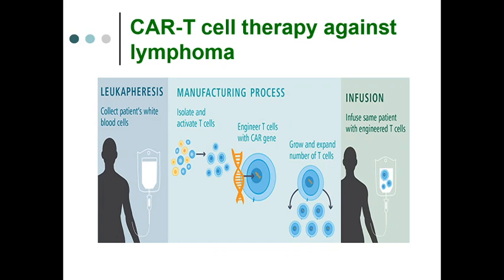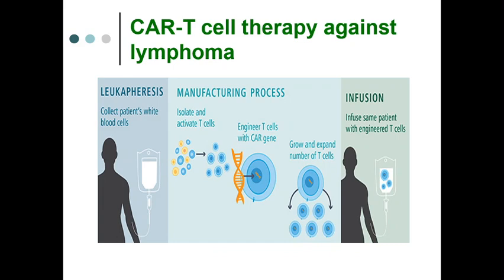Now coming to our most recent therapy, which is called CAR T cell therapy. CAR refers to chimeric antigen receptor of the T cell. Chimeric antigen receptor in short form is called CAR. It is nothing but a modified T cell receptor.